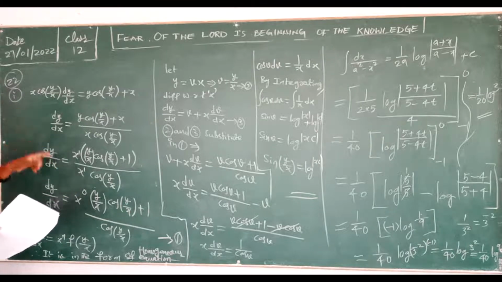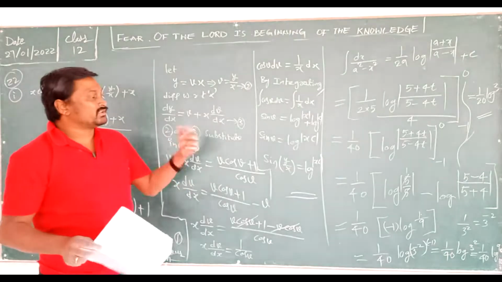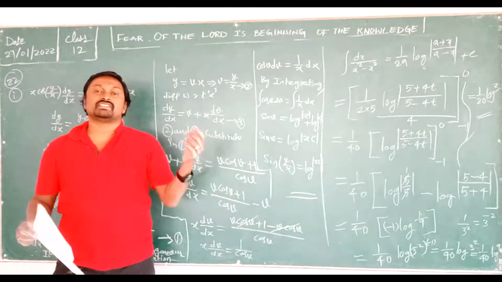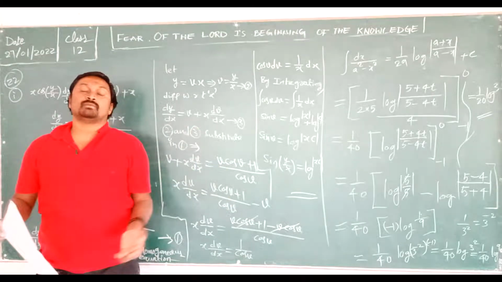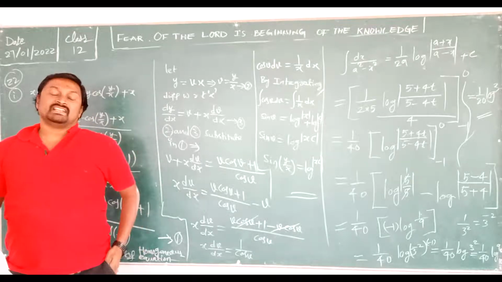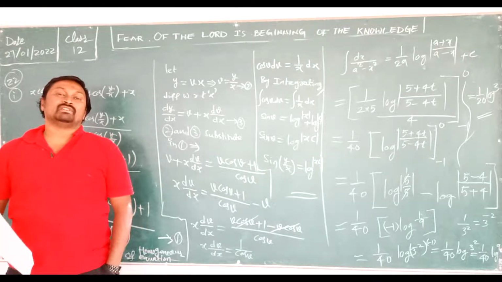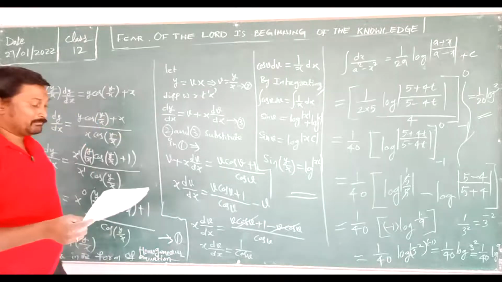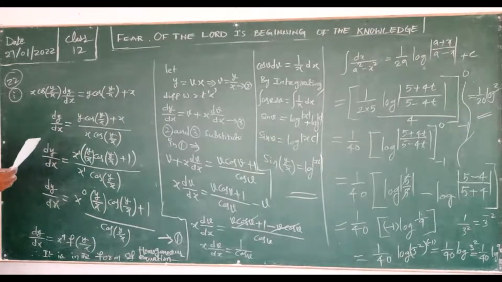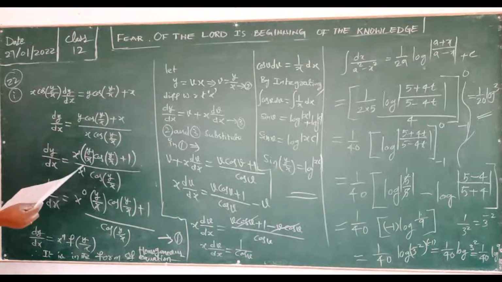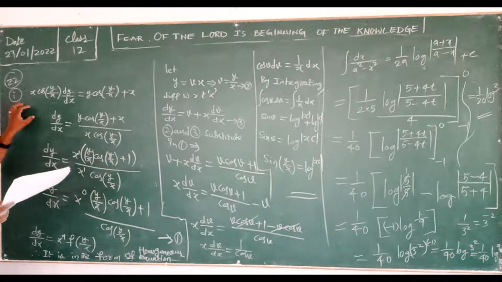Like 0 to 1, 0 to 2, 0 to pi upon 2, like that intervals they are going to give. You need to find the particular values. In other words, we can say particular solutions. So 21 is completely that, 22 is completely your differential equation.